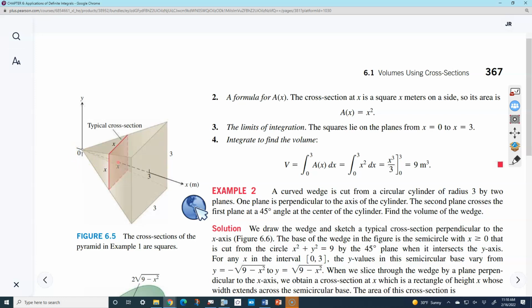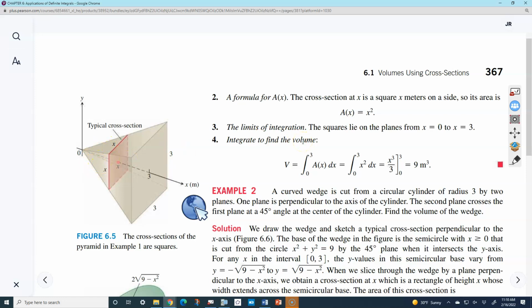In other words, not a square, but a point. If you're at 2, you have a square cross-sectional area of side length 2. If you're at 1, you have a square cross-section of side length 1. If you're at 0.8, you have a cross-section that is a square of side length 0.8.